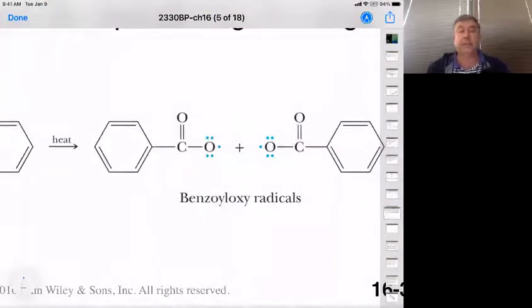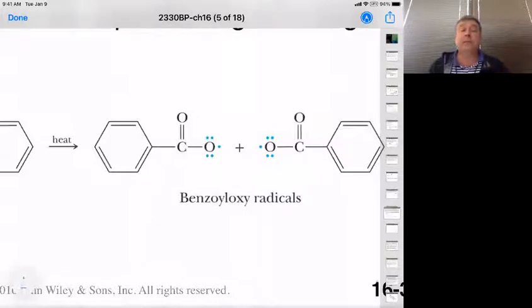and that gives us this radical species here. Most of these initiators are using the oxygen-oxygen bond to generate that first radical. The reason is that both oxygens have the same nucleophilicity. They both want the electrons the same amount. So it's easier for them to break up into 2 radicals than to have one leave as a cation and one leave as an anion.